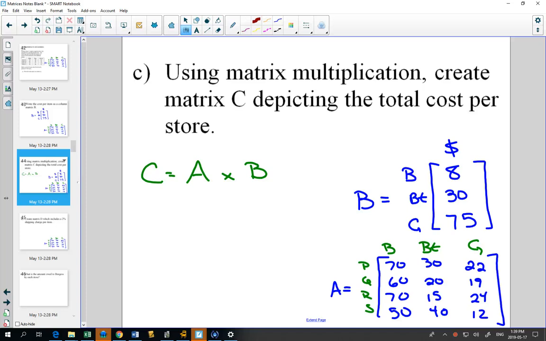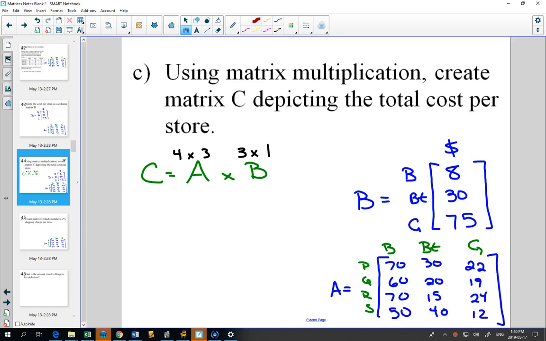Can you see that matrix A was a 4 by 3? And above matrix B, I'm going to write its dimensions. It was a 3 by 1. So I'm allowed to multiply A times B because the middle numbers are the same. Okay? Secondly, you can see that I couldn't multiply B times A.